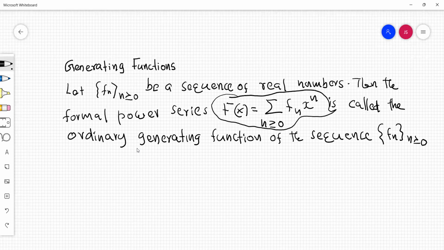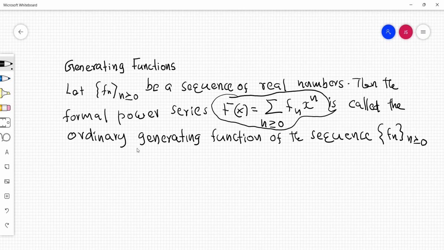Remember that this is a formal power series. What is meant by formal power series? I think you know that. If we are talking about convergence, usually a power series has a radius of convergence, right?